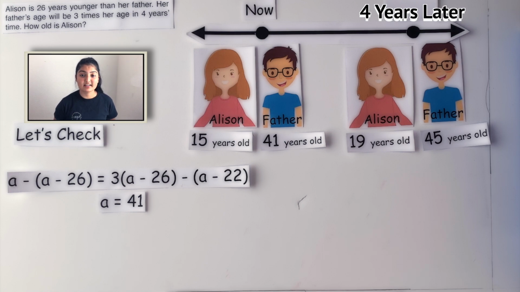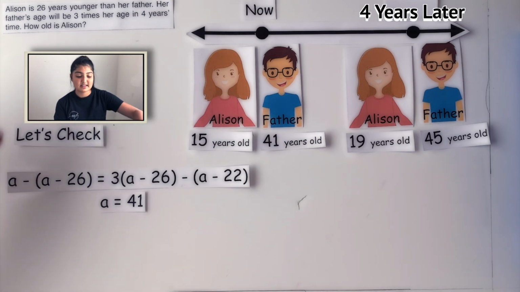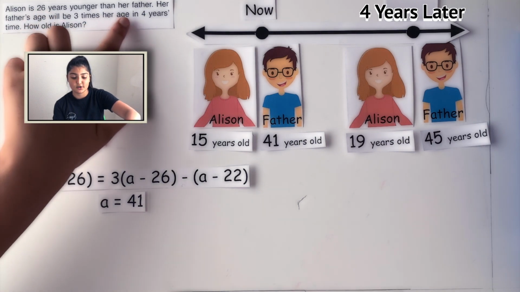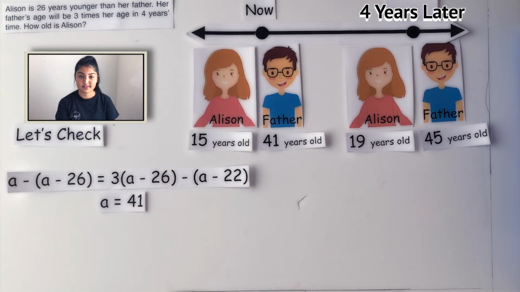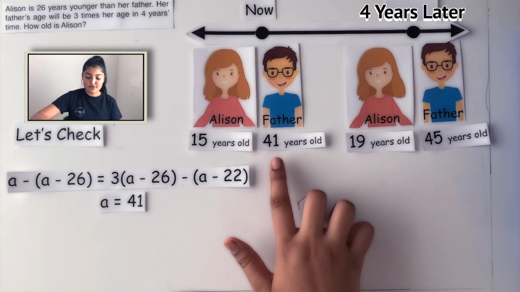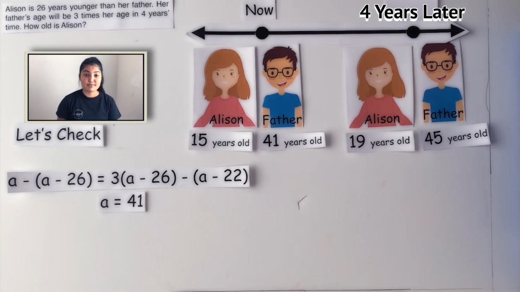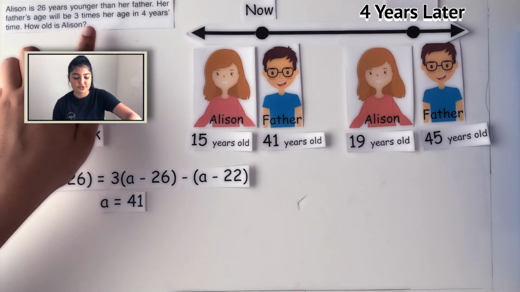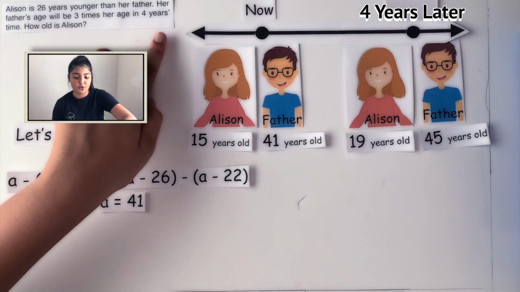Now let's go back and look at our question. The question tells us that Alison is 26 years younger than her father now. So, 41 minus 26 is 15. So that's correct. Now let's read the next part. Her father's age will be 3 times her age in 4 years' time.